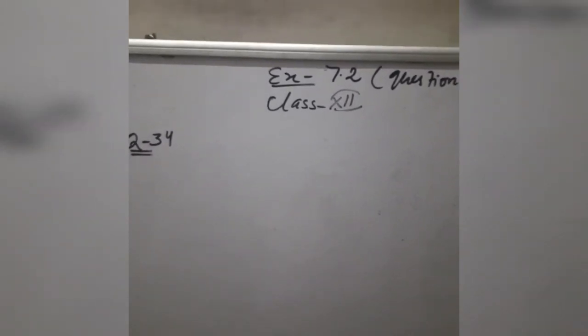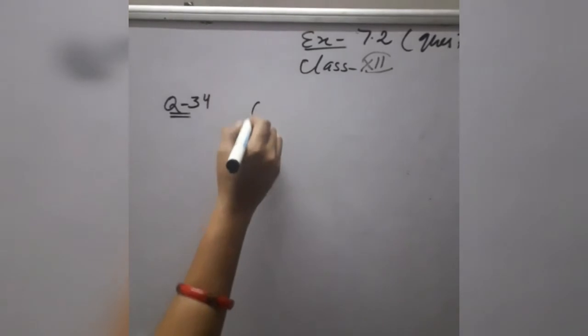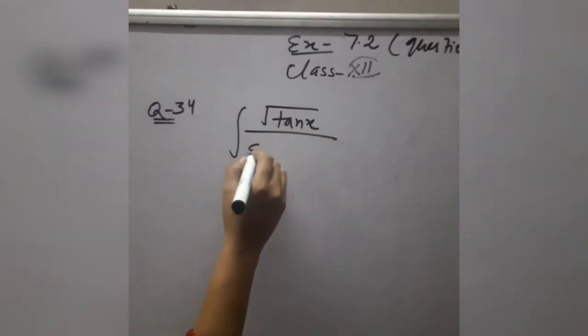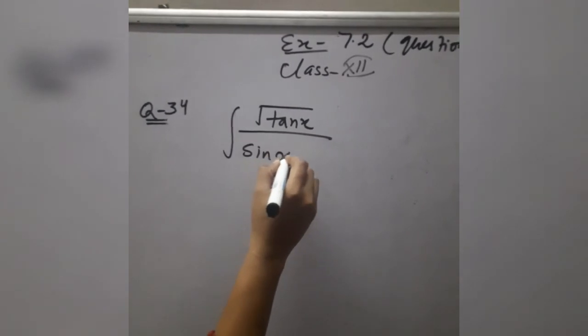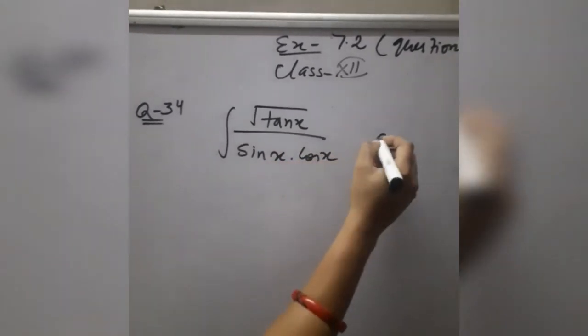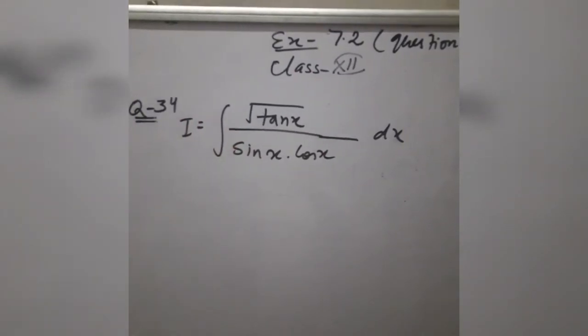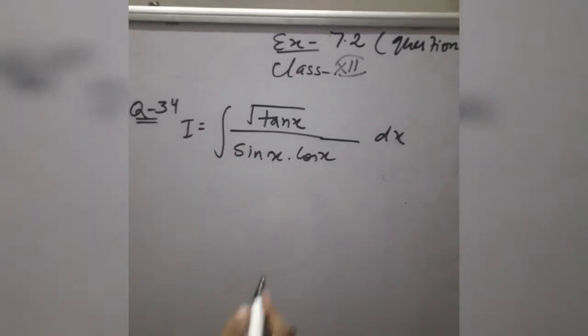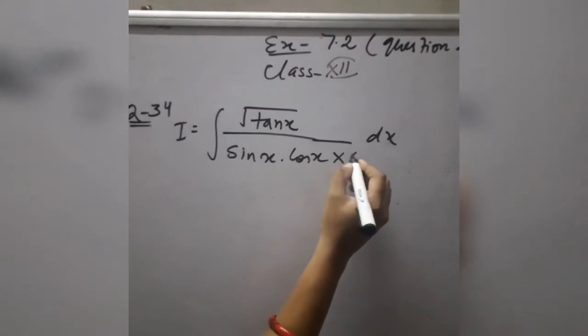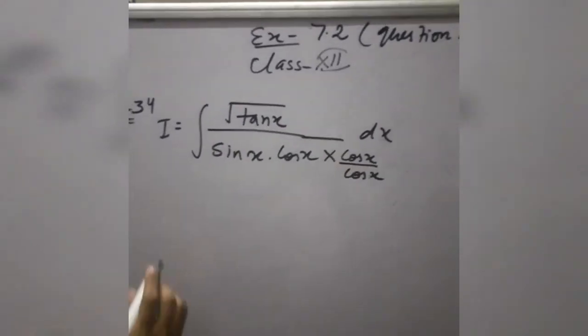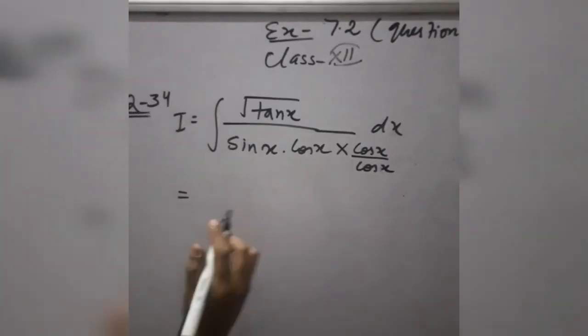In question number 34, the statement is: find the integration of root tangent x divided by sin x into cos x. See this sum very carefully. In this sum we will multiply and divide the denominator by cos x. Now what is the purpose of this step?